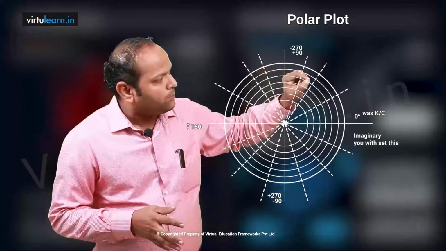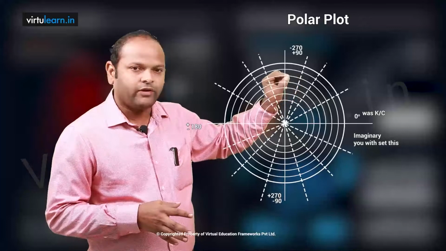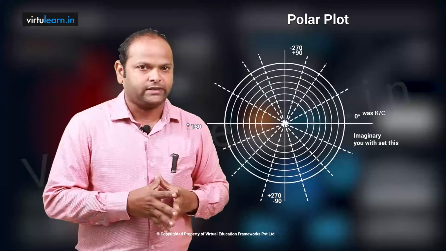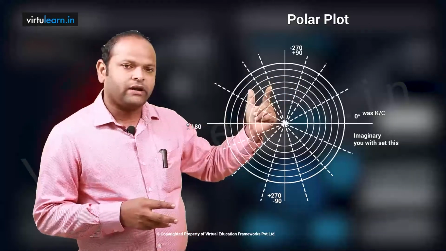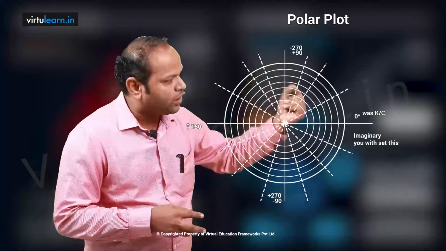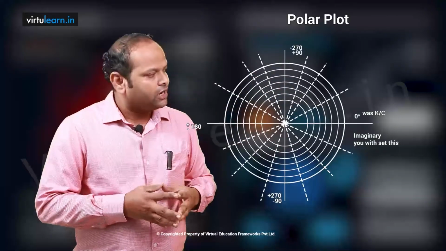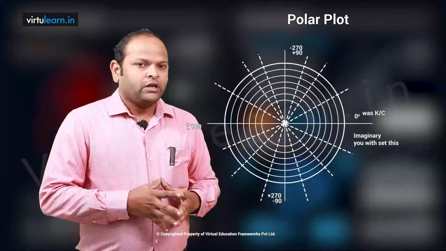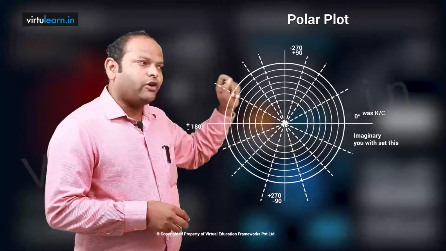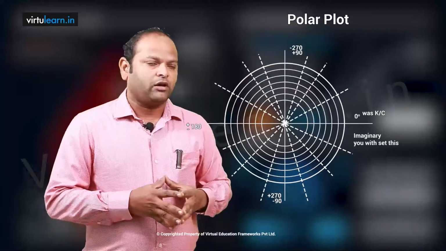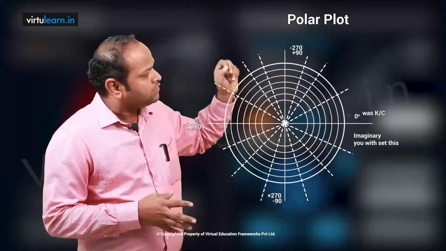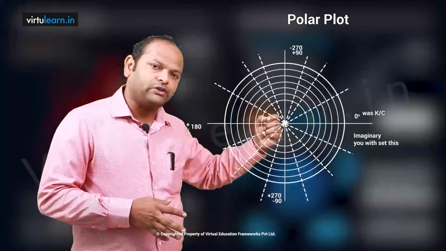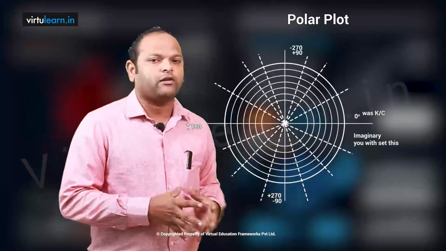Now, when I locate a point in this graph, it has two coordinates. What will be the first coordinate? It is the radial distance from the origin, that is the magnitude, and the second is the angle from 0 degrees to that point. Therefore, each and every point you locate on this polar plot gives the magnitude and phase angle at one particular frequency.